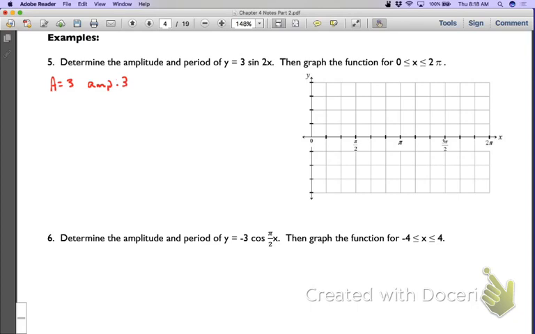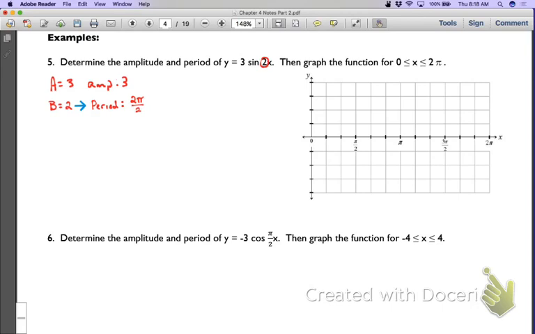If our normal period is 2 pi and our B value is 2, how long is our actual period length going to be? What do we need to do with the 2 and the 2 pi? Exactly. Take 2 pi and divide it by 2.